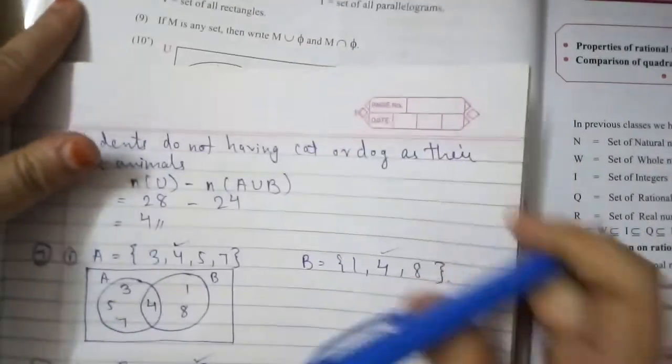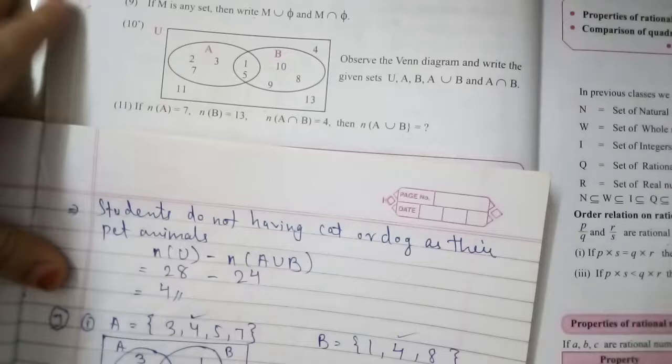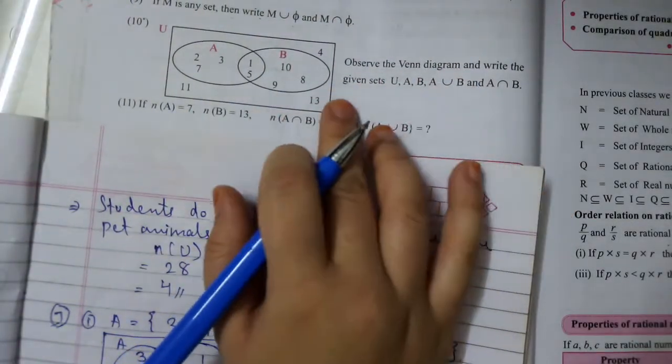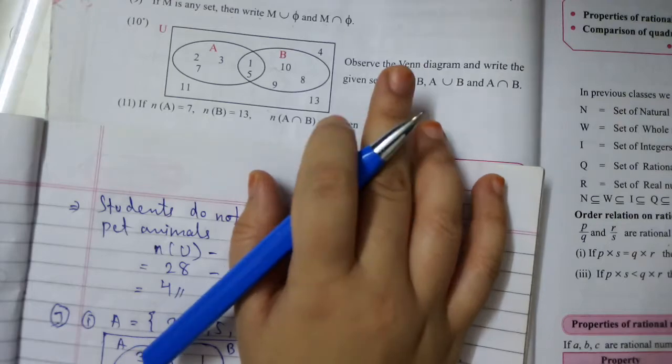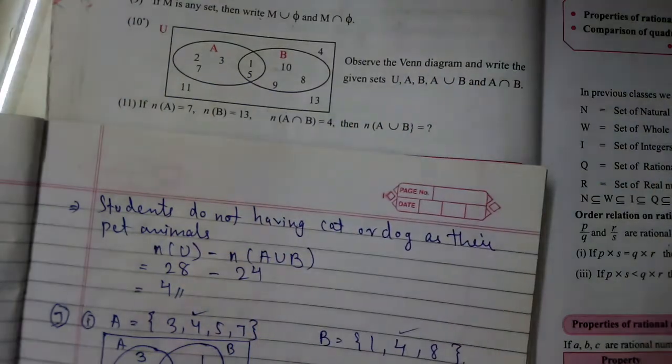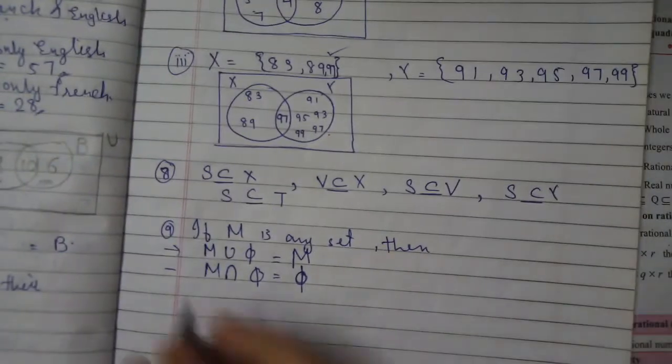Now question number 10 is given. Again a Venn diagram is given, and we have to observe the Venn diagram and write the given sets: universal set U, A, B, A union B, and A intersection B. So let's write.